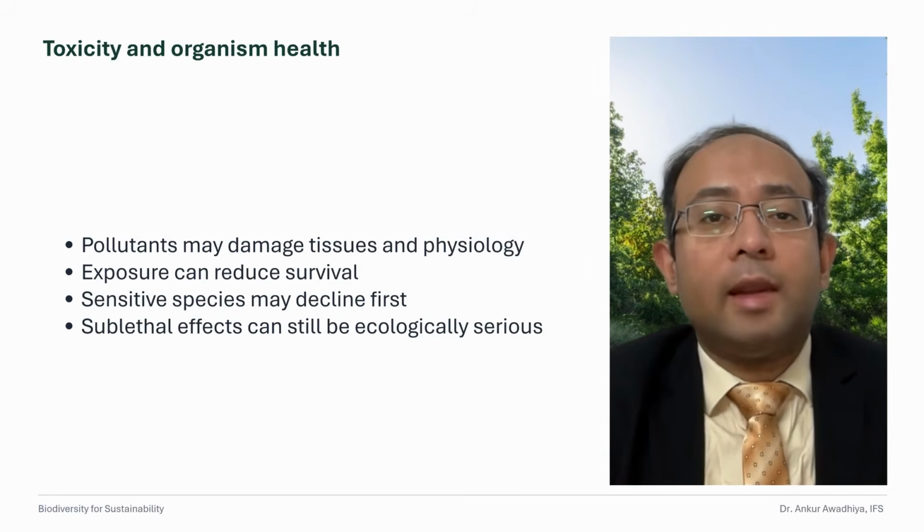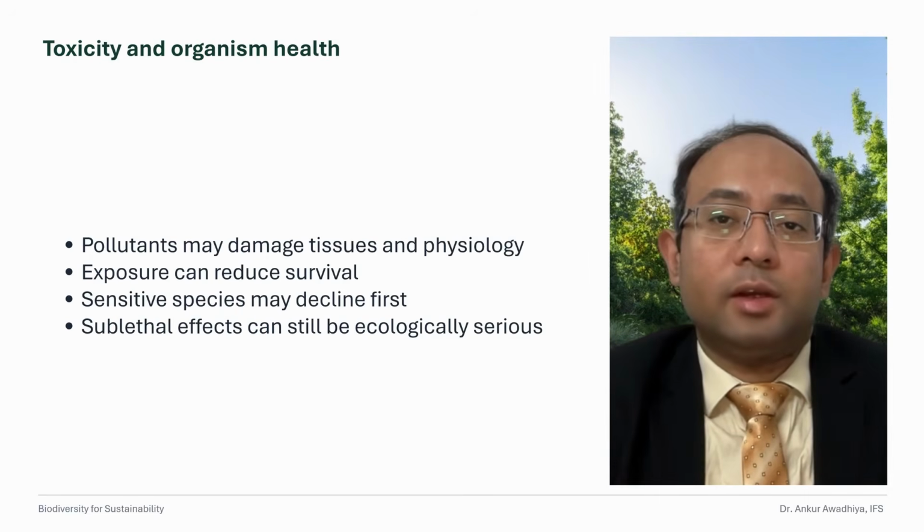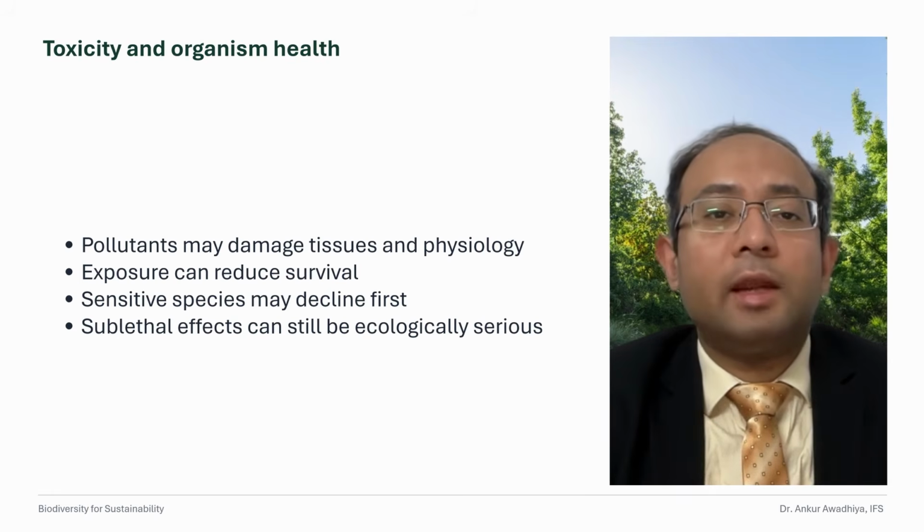The most direct effect of pollution is toxicity. Pollutants can damage tissues, disrupt metabolism, impair growth, and in severe cases even cause death. But sublethal effects also matter greatly. A species may not die immediately, and yet it may still suffer weaker immunity, reduced growth, impaired reproduction, or changed behavior.